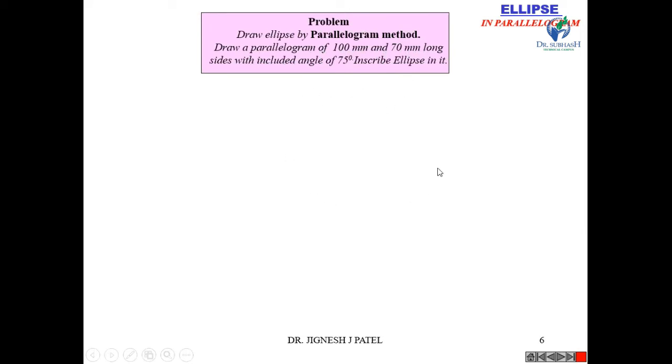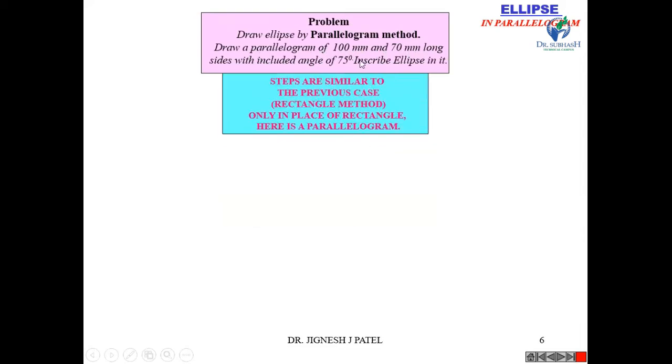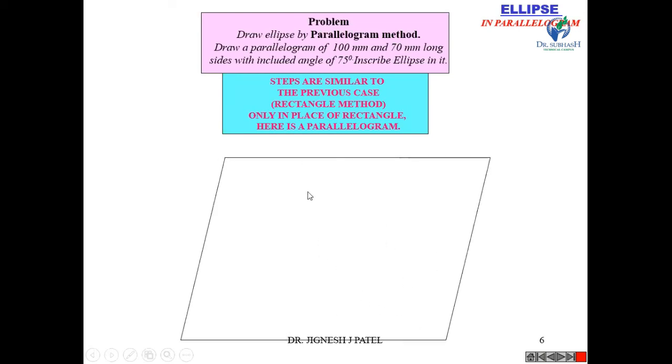It is the same as the oblong method, but here instead of a rectangle we have to draw a parallelogram whose included angle is 75 degrees. So the steps are similar to the previous rectangle method. Now here we have to draw the parallelogram, and this angle is 75 degrees.